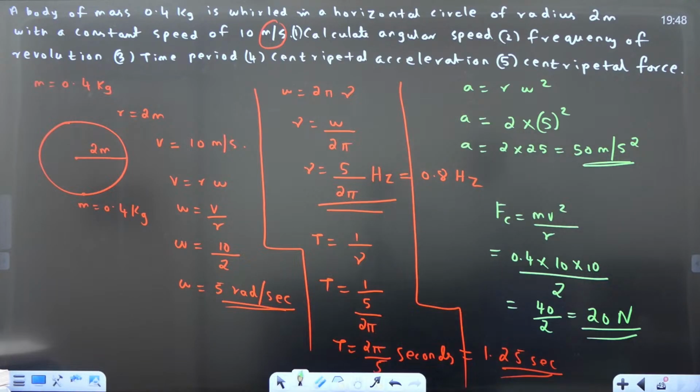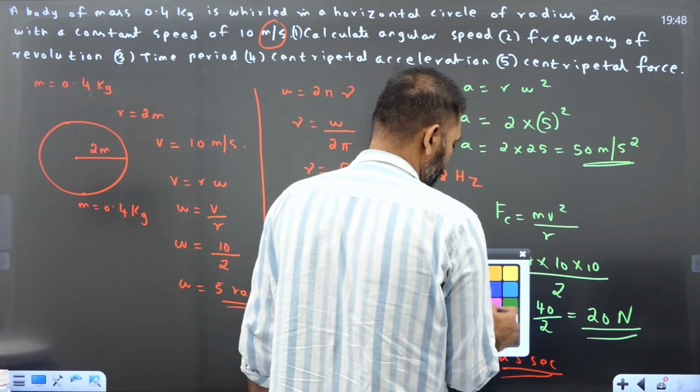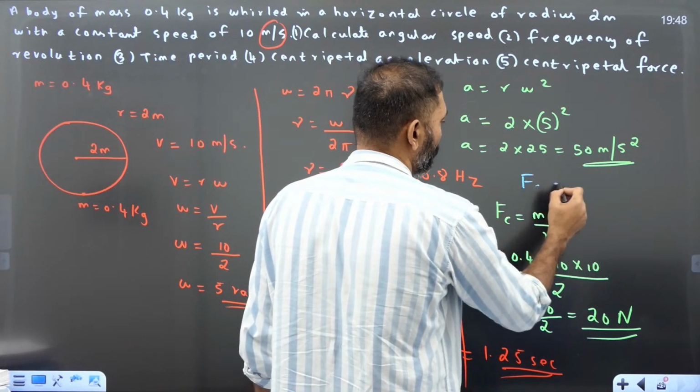The centripetal force equation is mv square by r. There is one more equation for centripetal force, which is m r omega square.